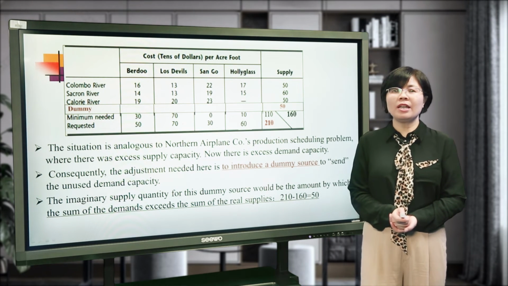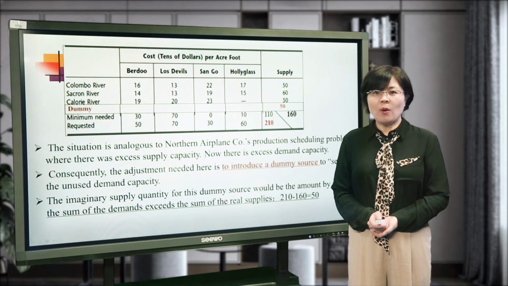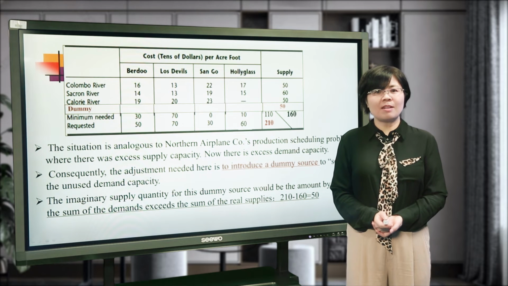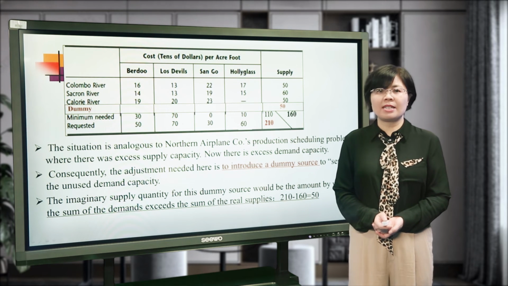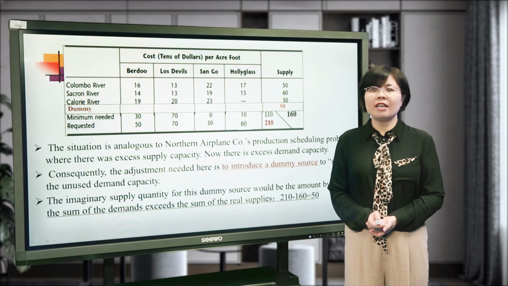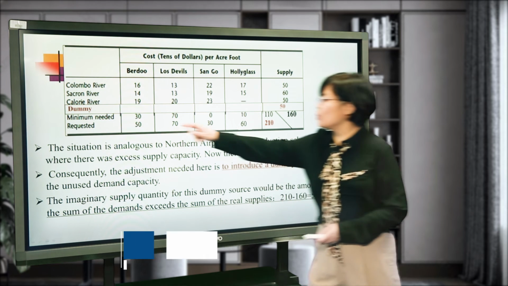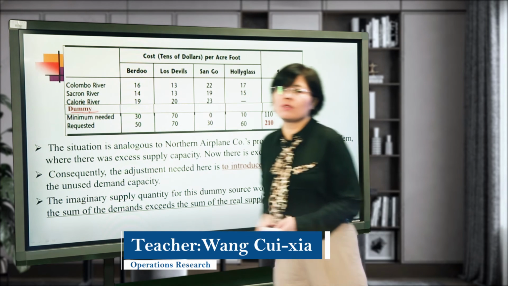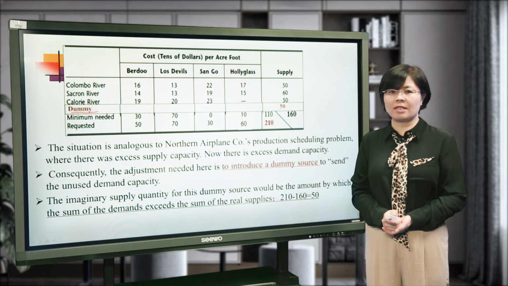The situation is analogous to the Northern Airplane Corporation's production scheduling problem. Before, there was excess supply capacity. Now there is excess demand capacity. Consequently, the adjustment needed here is to introduce a dummy source to send the unused demand capacity.